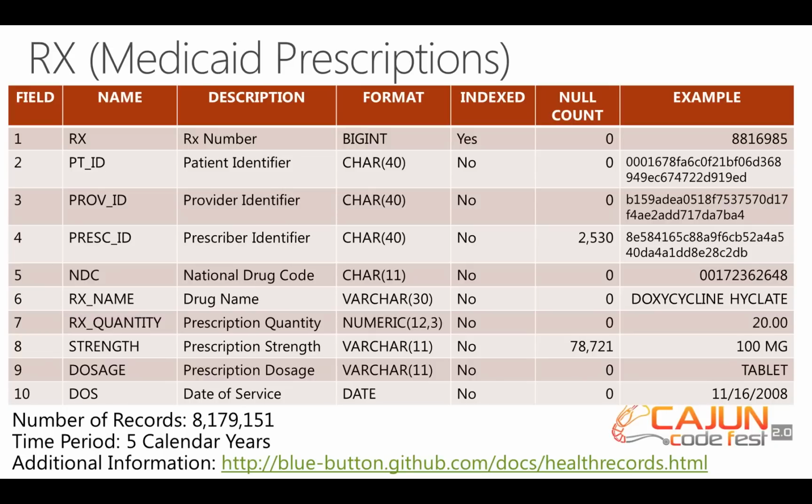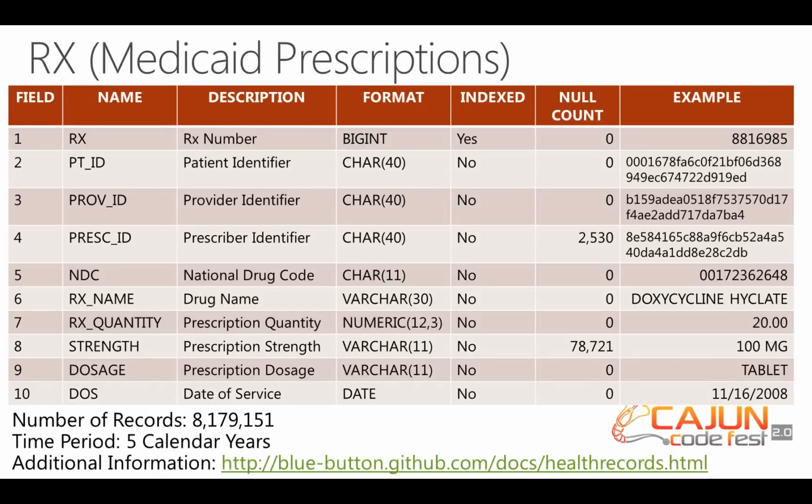The provider identifier is most likely the pharmacist who has provided the medication to the individual, while the prescriber, most often than not, is the physician who wrote the script and sent it to the pharmacy. For quantity, strength, and dosage, quantity will typically refer to, in this example, the number of tablets given.